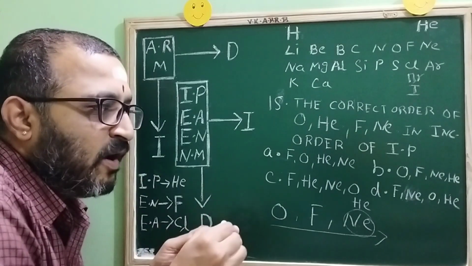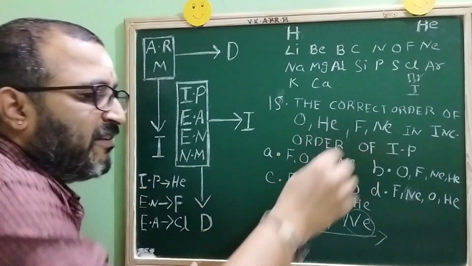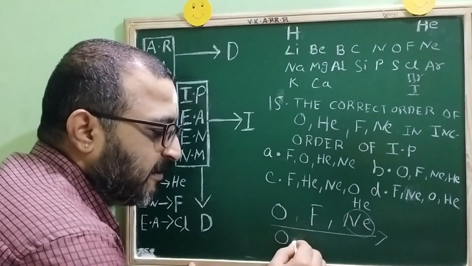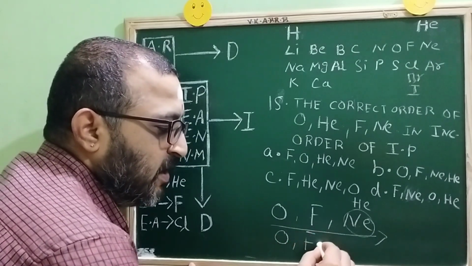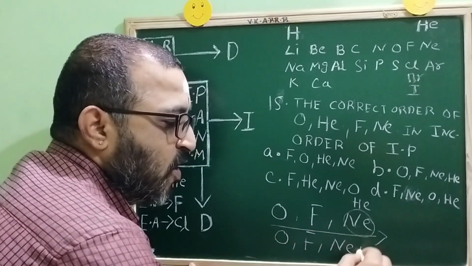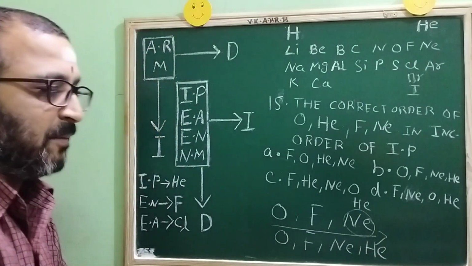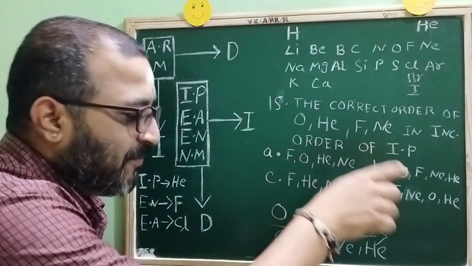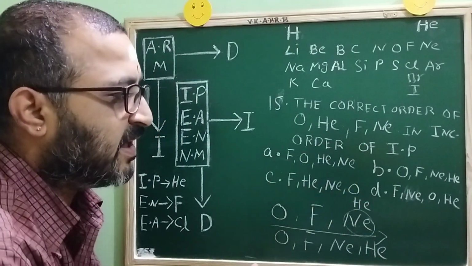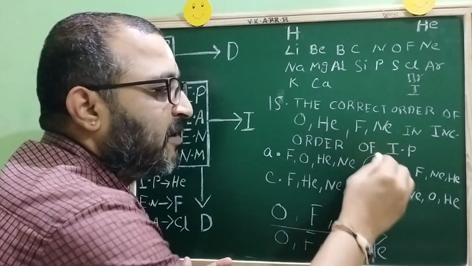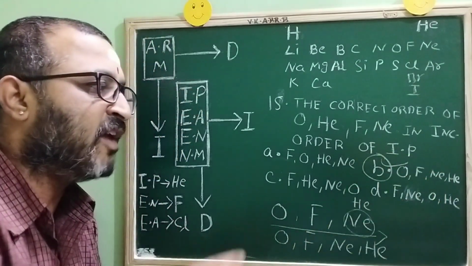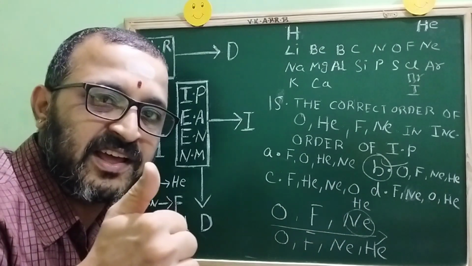So the increasing order in which these elements are arranged is oxygen, fluorine, neon, and what, children? Helium. So where do we have this option? I think it is option B. So the correct answer is option B. Is it clear, children?